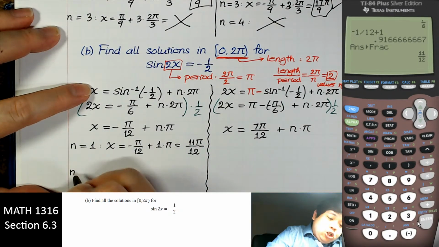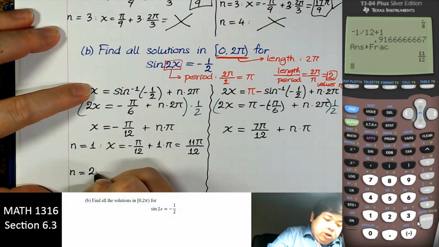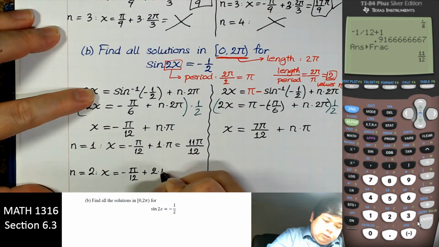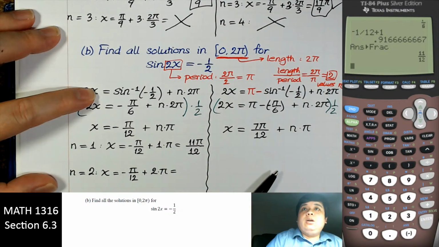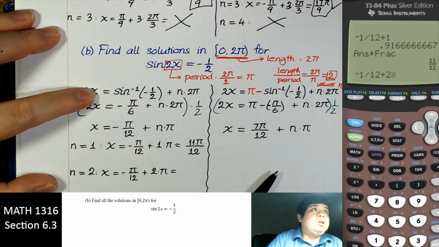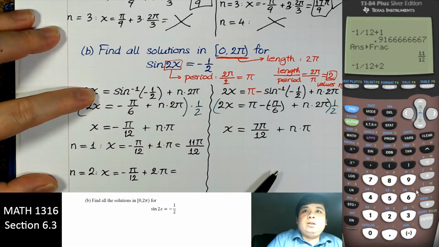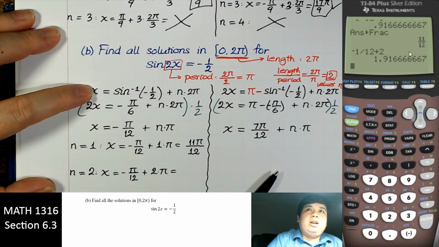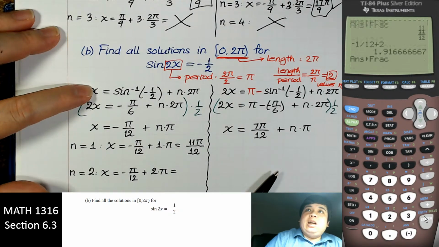Right, we know there are two values of n that will work, so there should be one more. That's still between 0 and 2 pi. Between 0 and 2, that is. But I need a fraction.